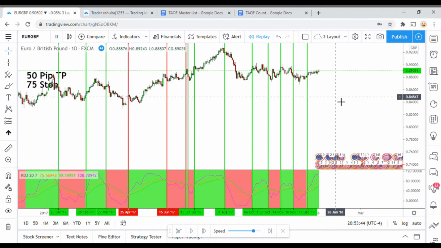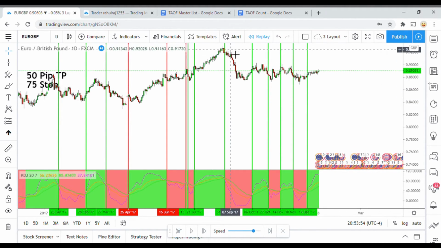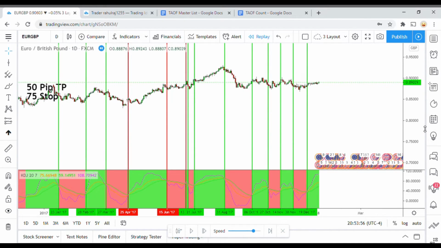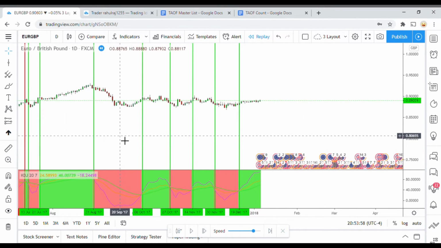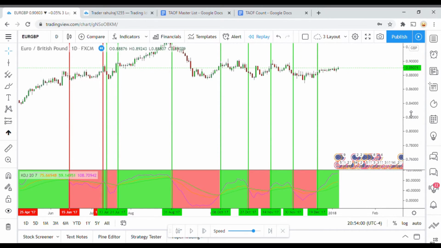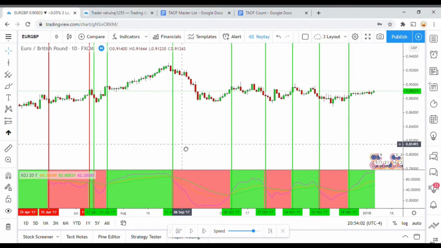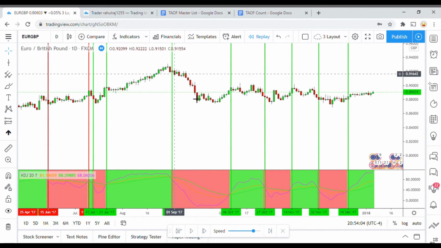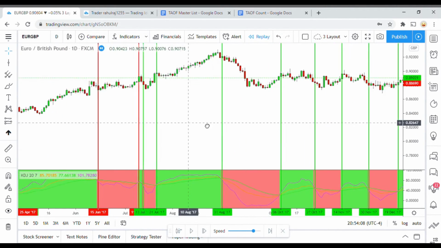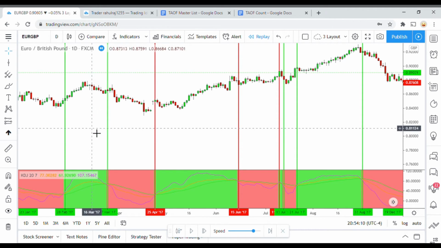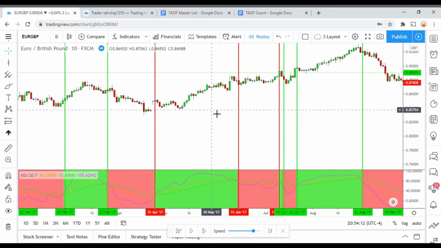Like I said, it was calling entries at what appeared to be really reasonable places. Kind of what we want. I mean, as close to the peak of these reversals, these new trends, as close to the peaks as possible to really maximize our entries.